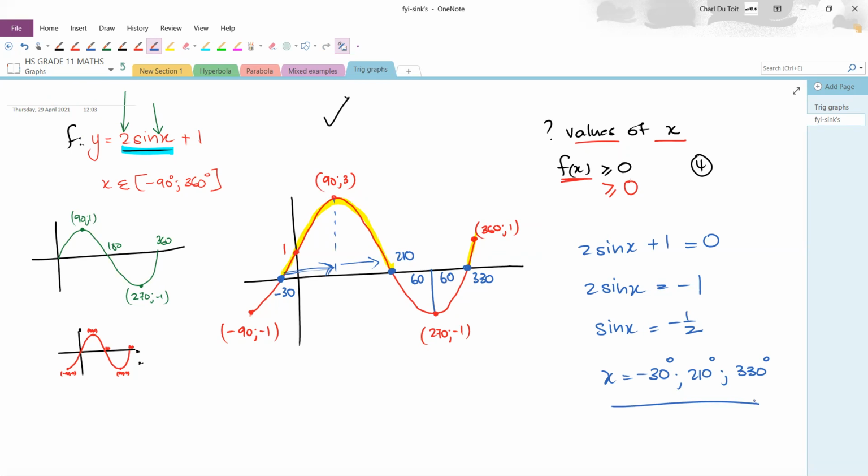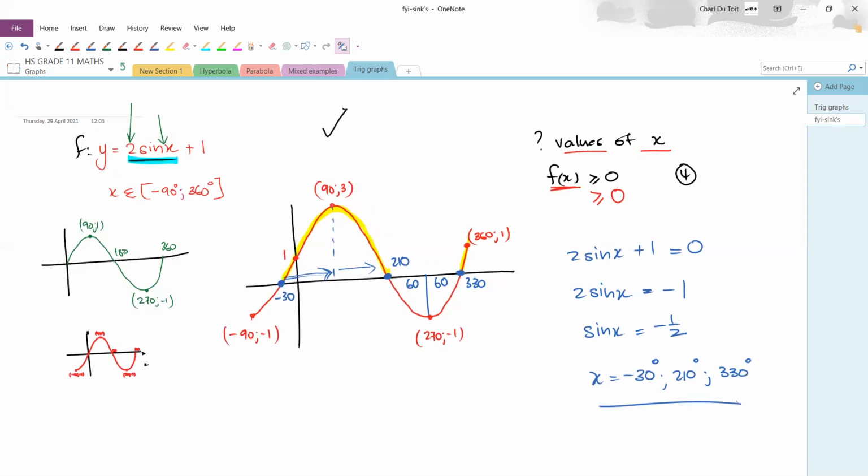Yes, sir. So now, when is the graph larger or equal than 0? Everywhere where it's yellow. The first section is between -30 and 210 degrees. So this is where x is larger or equal than -30 or smaller or equal than 210. The next section is where the x values are larger or equal than 330.